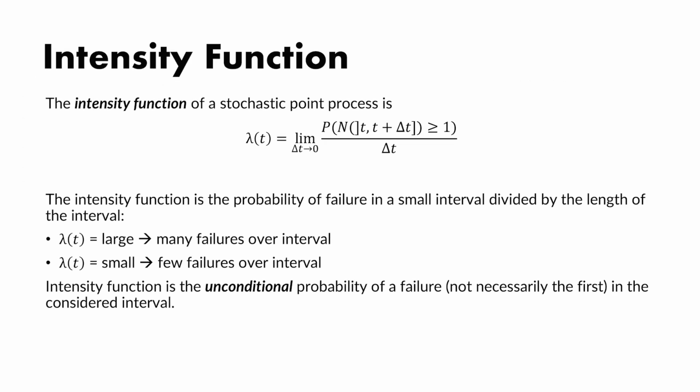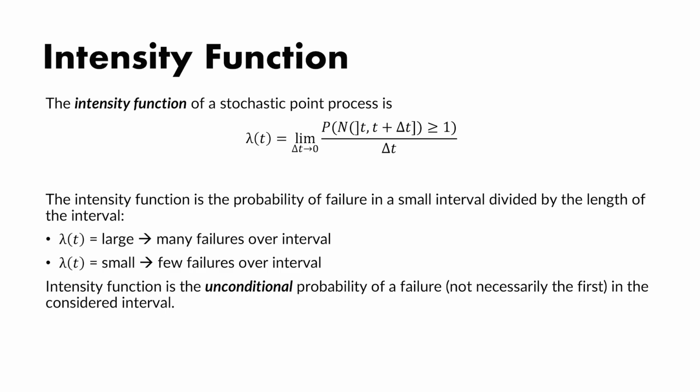But if we have the ROCOF, we also have the concept of intensity function, and I've talked about these two concepts. What is the difference? Well, there is no difference, it is the same, it's just a different formulation. The intensity function is the probability of failure in a small interval divided by the length of the interval.